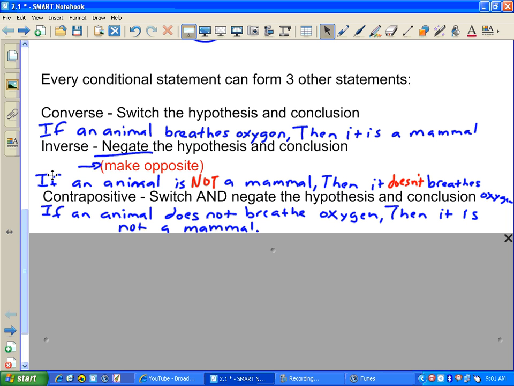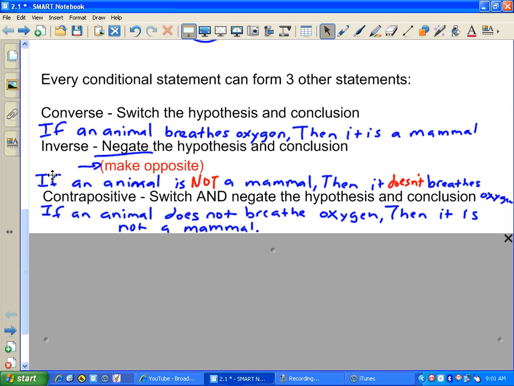So if I can think of an animal that is not a mammal but does breathe oxygen, that would prove this statement is false. And it would be the same kind of counterexample that I had for the converse. Okay, so a bird. A bird's not a mammal, but it does breathe oxygen. So this can't be a true statement because it's implying that all animals that are not mammals don't breathe oxygen.